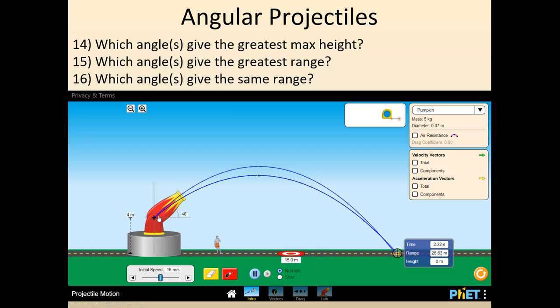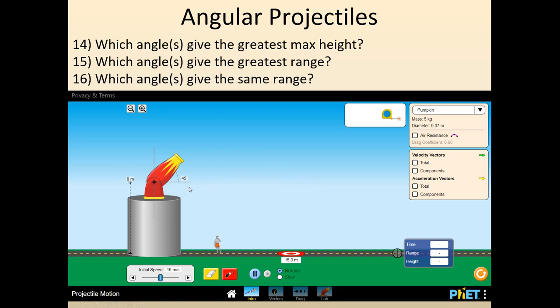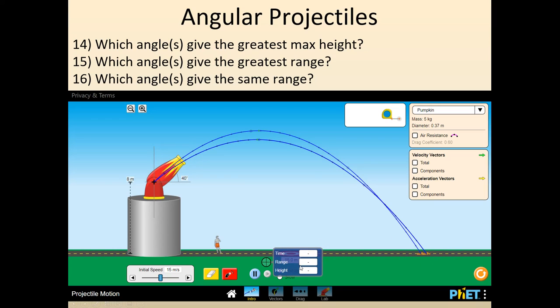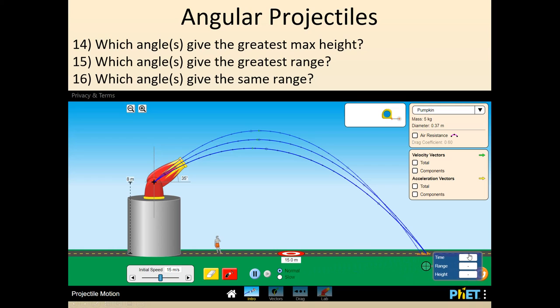So it turns out that when I increase my starting height, the maximum range is no longer 45 and will actually decrease the higher I go, and become more noticeable the higher I go. So you can see here that 40 went a little bit further. 30 is really hard to see, so it might actually be an angle between 35 and 40 that would give me my maximum range this time.